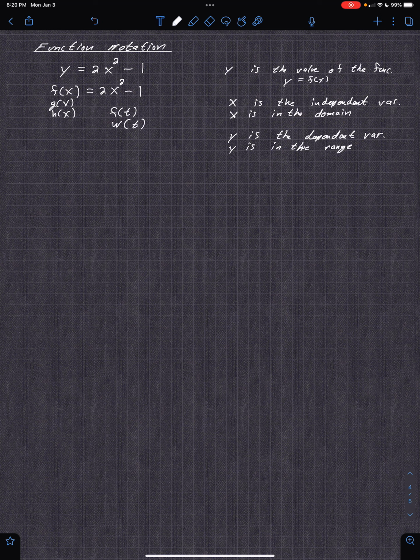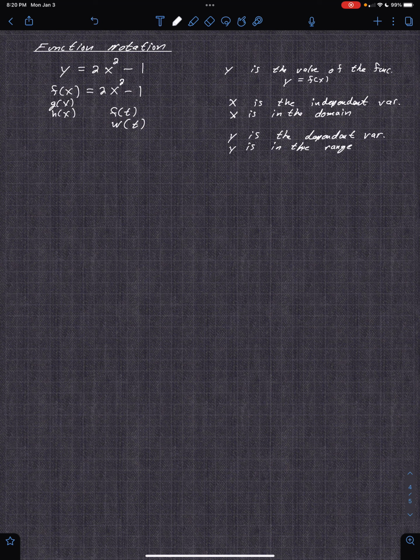But it's the parenthesis that defines your independent variable on the inside, and your dependent is whatever this is going to equal. So if it equals y, then that's your dependent variable. If it equals, say, k, then that's your dependent variable. It depends on what's going inside the function.